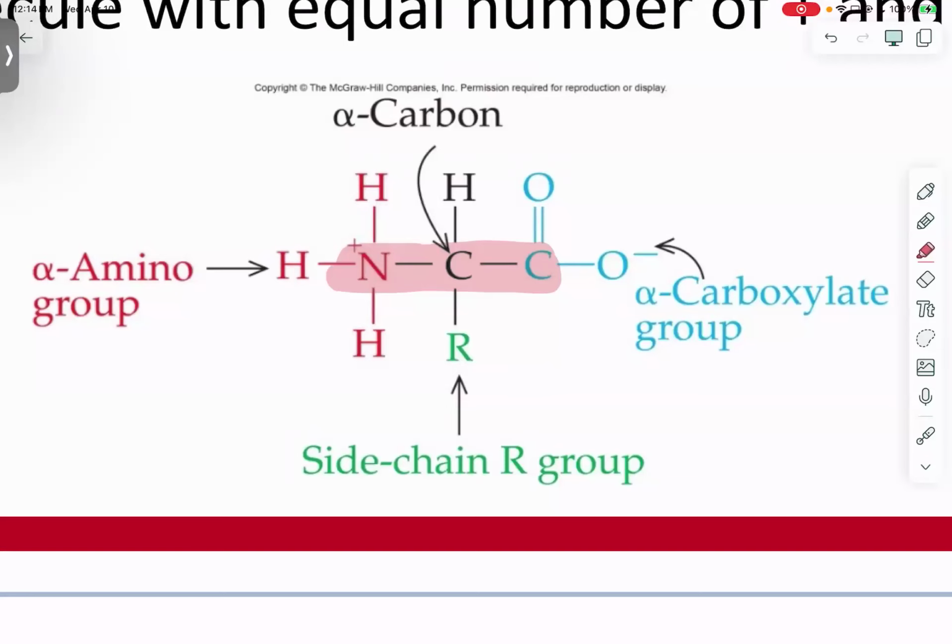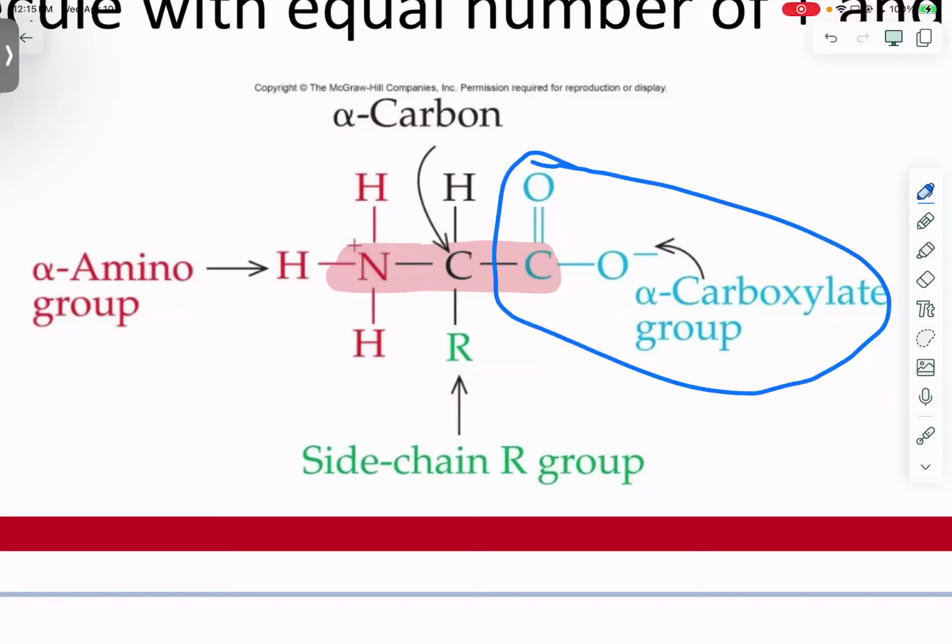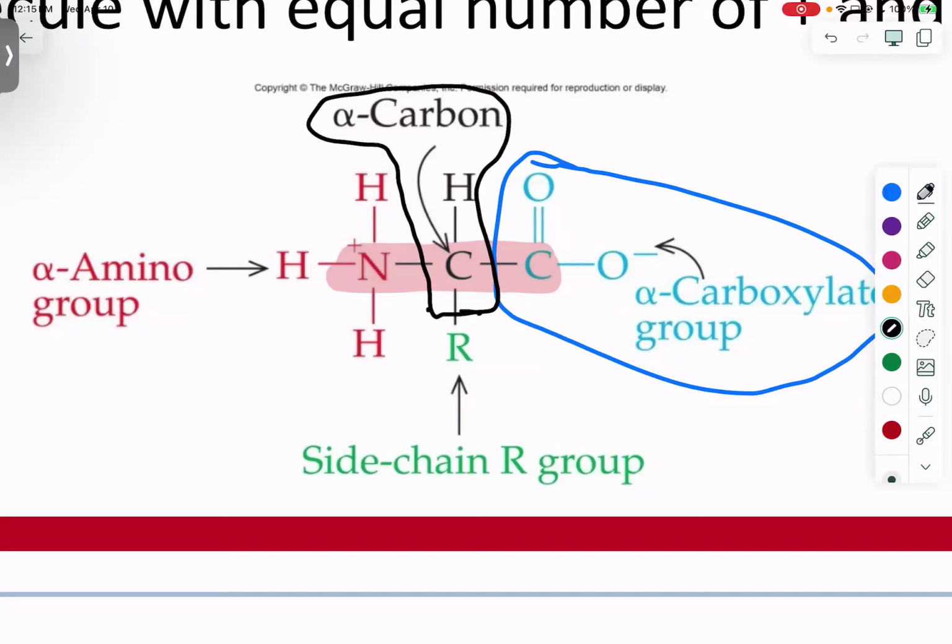We have to have a way to talk about the carbons and say which one is which. So we have a carbonyl or a carboxylate carbon. That's the blue carbon, this guy. And then we have an alpha carbon, and the alpha carbon is the carbon that has the R group attached to it.